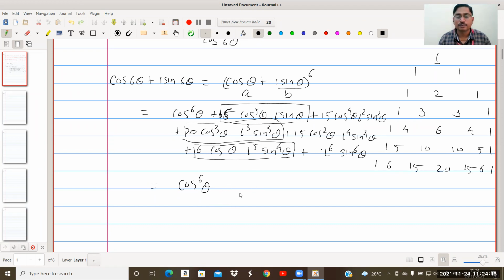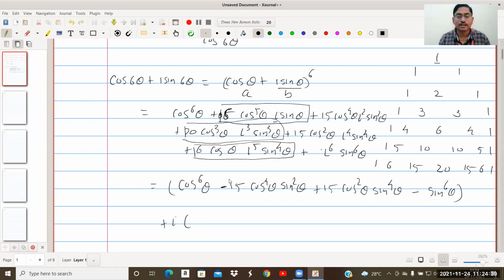So this i square gives minus 1, so minus 15 cos raised to 4 theta sin square theta. What next? i raised to 4 is plus 1, so plus 15 cos square theta sin raised to 4 theta. Next is the last, i raised to 6 is minus 1. So this is the real part.